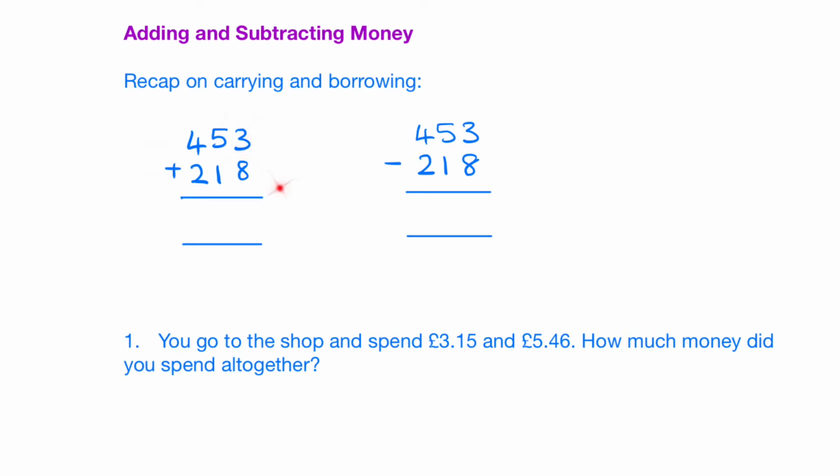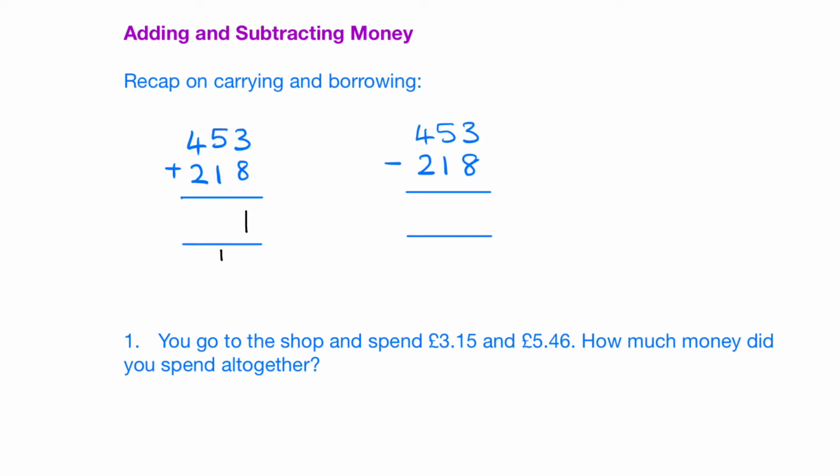So in this adding question, remember we start at the right hand side, so we're going to do 3 add 8. So 3 add 8 is 11, so we write down 1 there and 1 there, so that still says 11, okay? Because the 1 in the tens needs to be added to the tens.